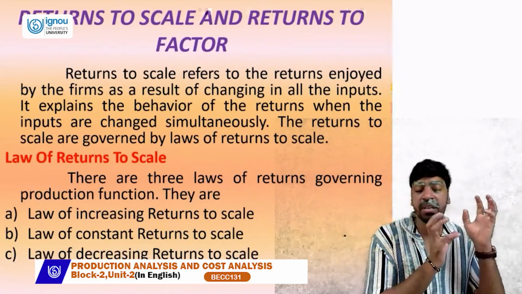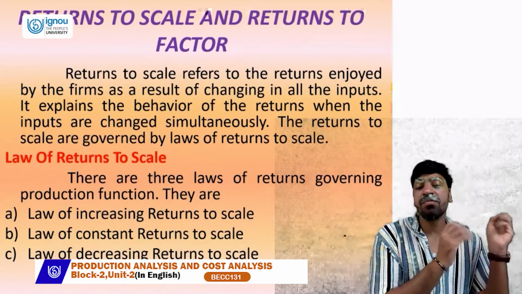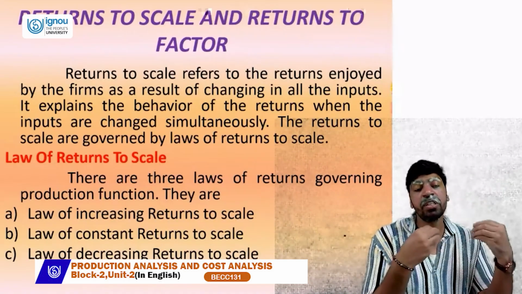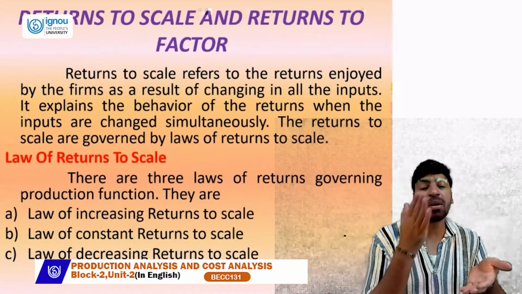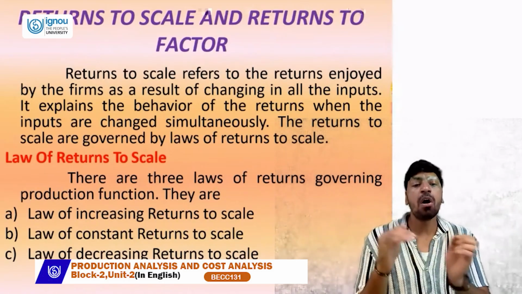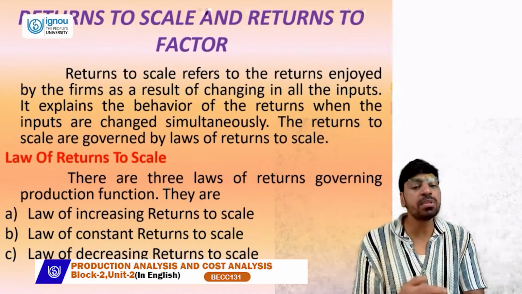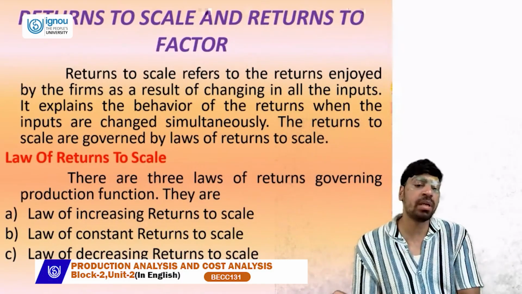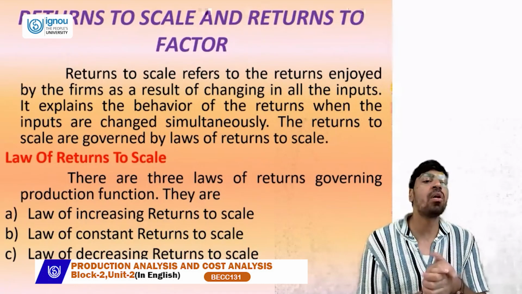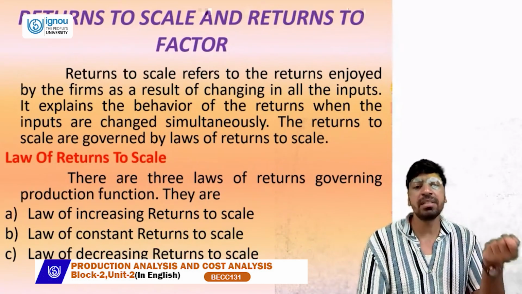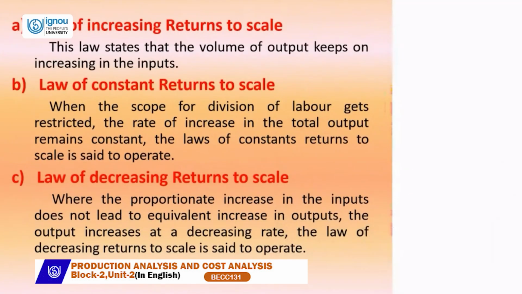The revenues or financial returns enjoyed by the firm, whether the inputs increase, stay unchanged, or decrease, are called the law of returns to scale. Let's learn diagrammatically how it works.